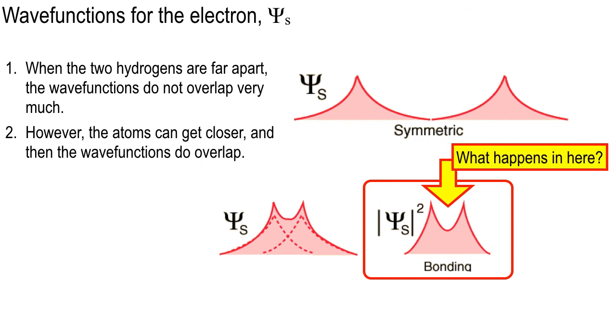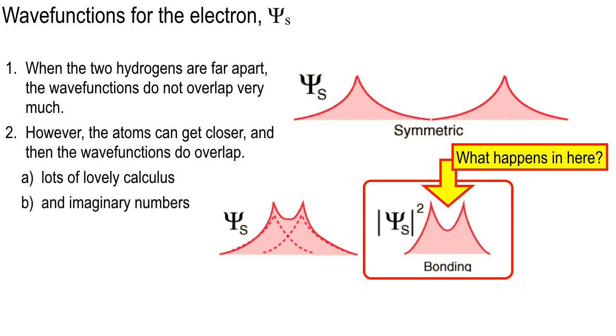So that's the bonding, and that's constructive interference. So make a note, that is constructive interference. And this is after doing a bunch of calculus and using imaginary numbers. You can jot that down if you want. We're not going to do any calculus or imaginary numbers, but we are going to mention it.